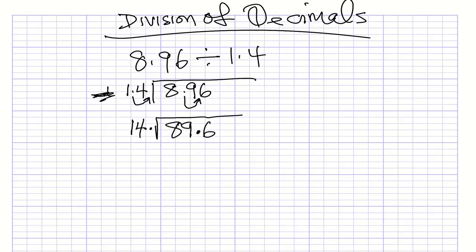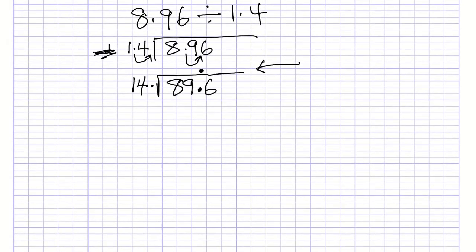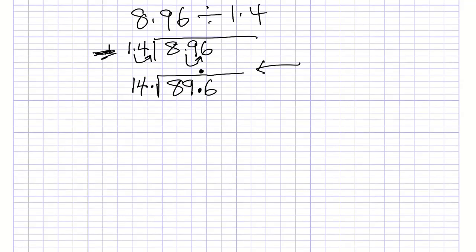Now, the second trick you need to keep in mind: once you write the problem, you have to put the decimal point, line it up like that, put it up there where we'll put the answer. Line it up with where you moved the decimal point. That's all. Those are the only 2 tricks you gotta remember. And then we'll proceed as we normally do.